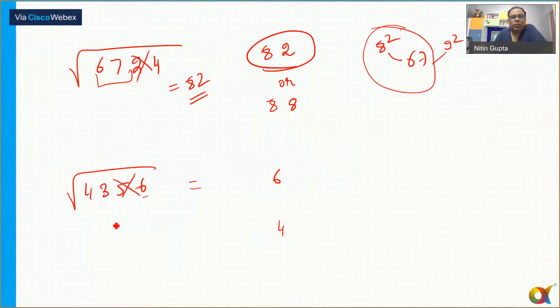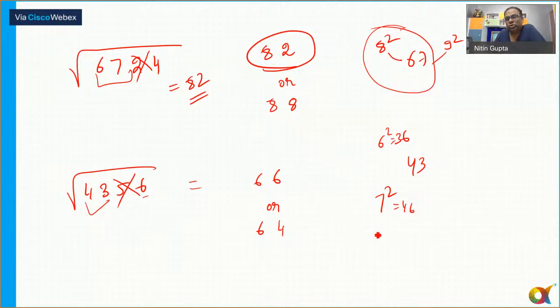Neglect now 5. 43. So I think we know that 7 square is 49 and 6 square is equal to 36. Okay, so the answer is either 66 or 64, and there are no other possibilities. Now I need to think which is there. Now 43 is closer to 36 or 49?